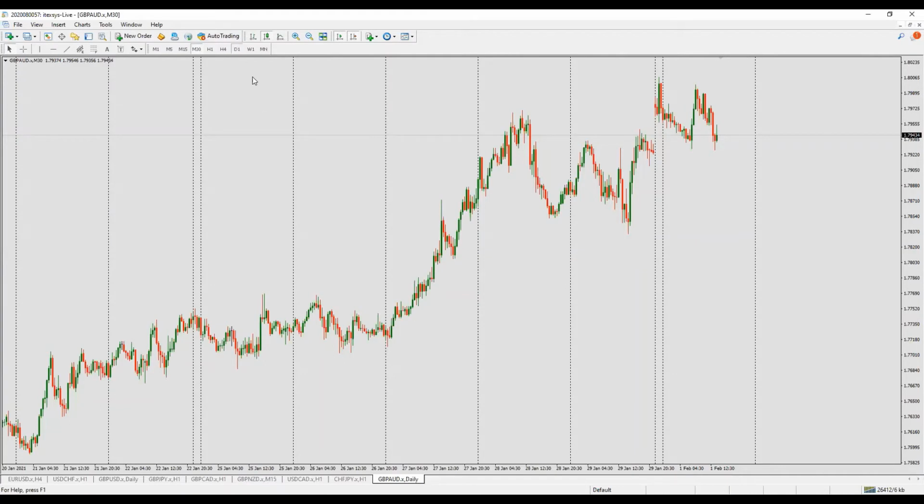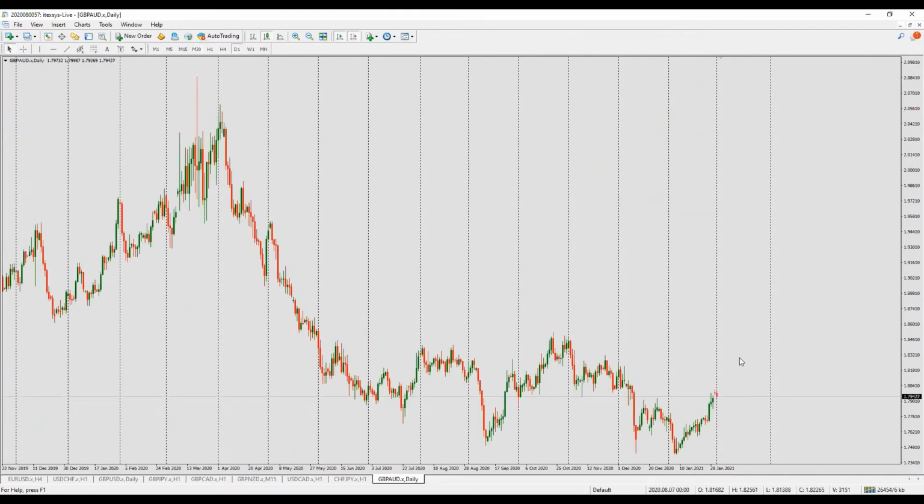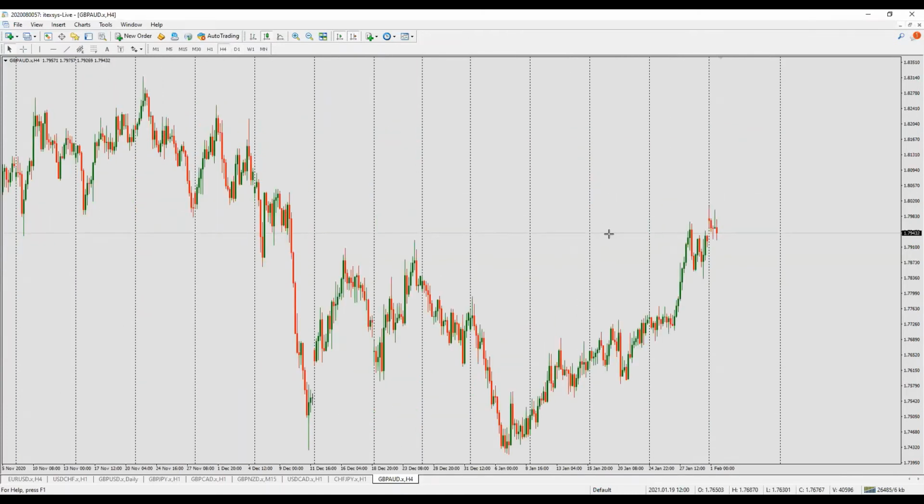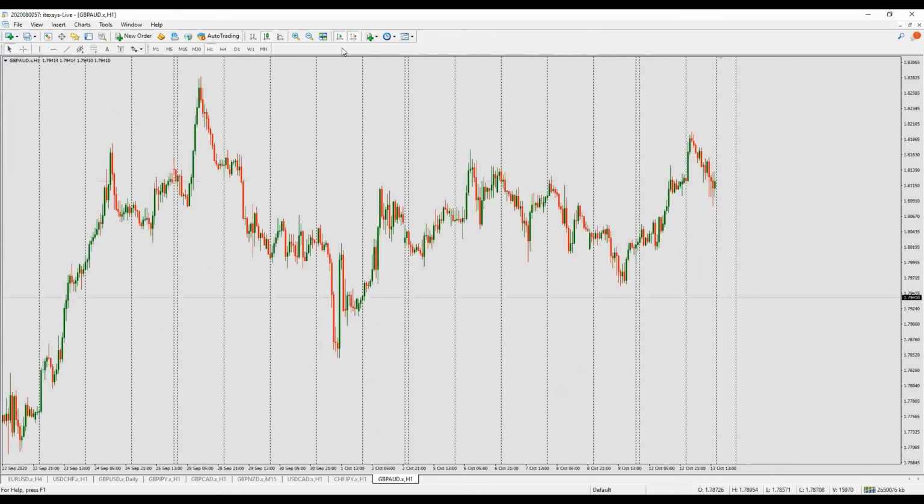Let's start with the daily chart. As you can see, it seems that the price just reached, today or last Friday, a supply level here, which is about this area. I would like to see how this area looks in the 1H time frame.